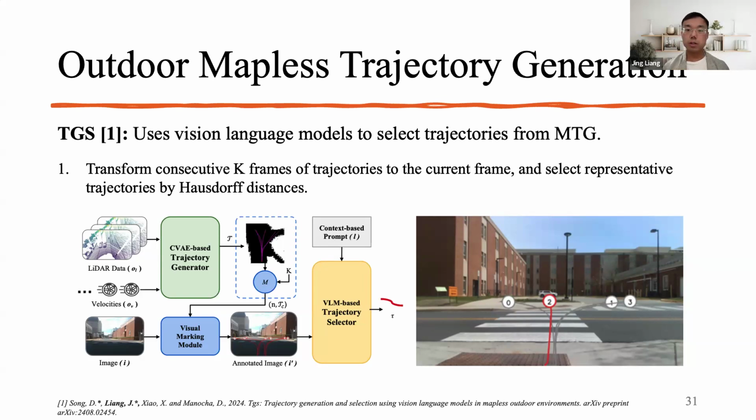And then we project the trajectories from the robot frame to the image plane. The selected representative trajectories, the gray color trajectories, are shown in the right side figure. And we label the trajectories using a sequence of numbers in the image.